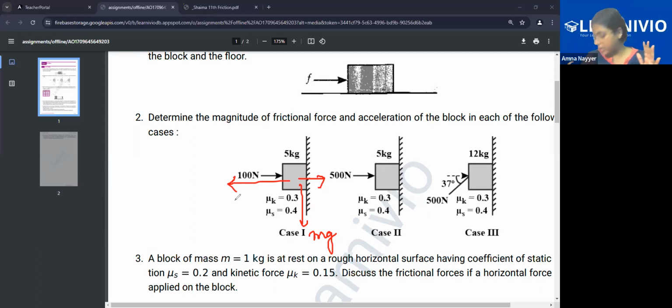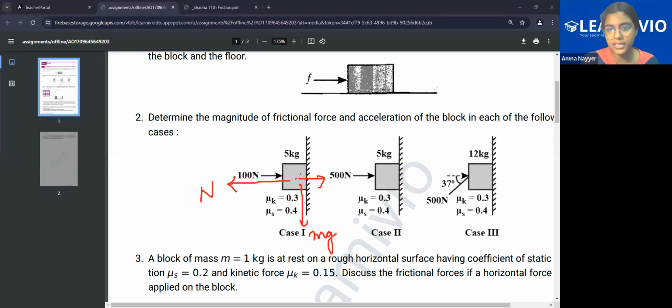Remember one thing, whenever you have normal reaction, always remember, if this is my surface and anything is in contact with the surface, I'll always get it perpendicular like this. So if my rough surface is like this, this will be the normal reaction.